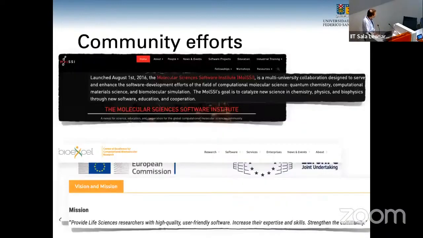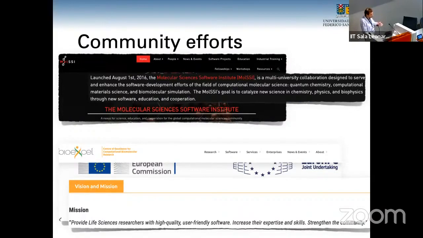So also, I believe this is one thing that I truly admire about the whole computational chemistry community: it's a community that is very much worried about the quality of the software that they're using to do their science.